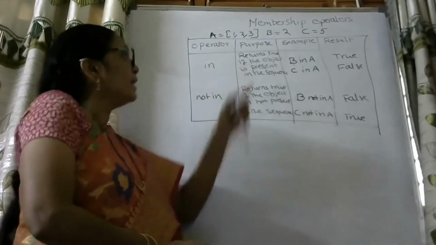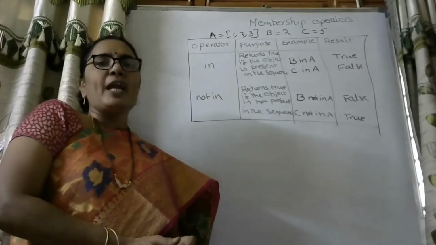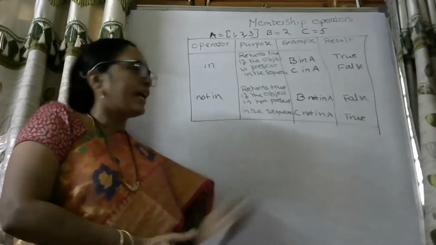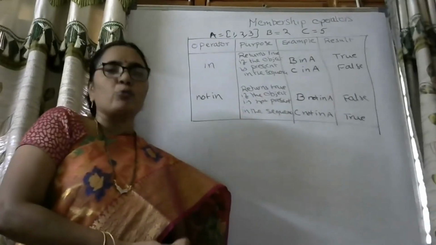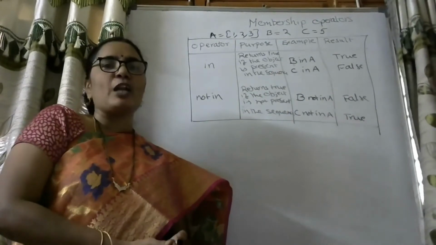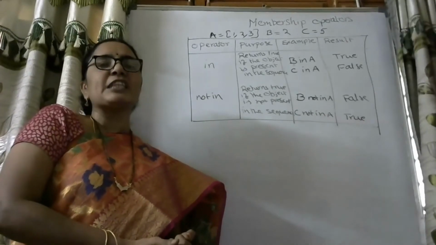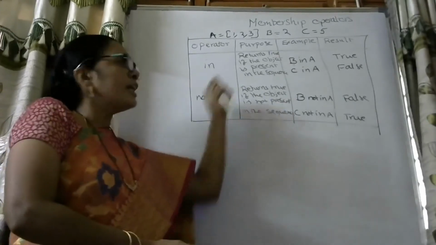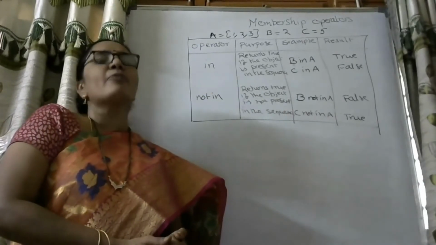So B in A is true, as 2 is available in A. And as C contains 5, which is not available in A, C in A returns false. The not in operator is opposite to the in operator.